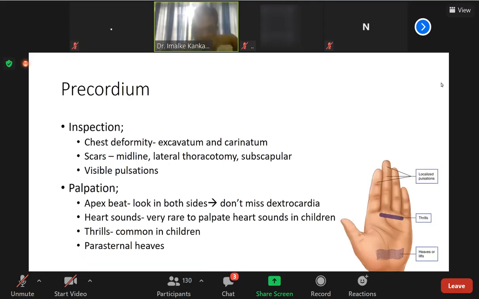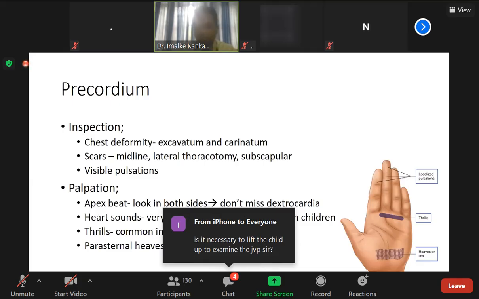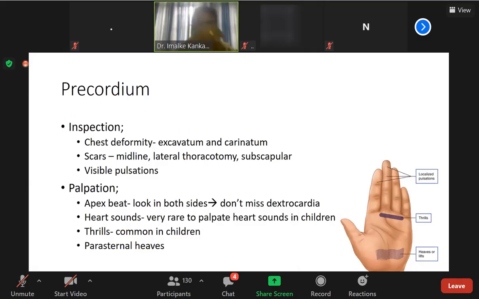So then precordial examination. In precordial inspection, it's very important to tell about chest deformities, scars and visible pulsations. Whether you tell visible pulsations or not, it doesn't matter. But if you see visible pulsations on the left side, then you are pretty sure that you are not dealing with a case of dextrocardia.